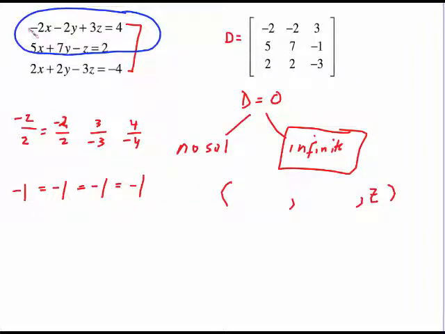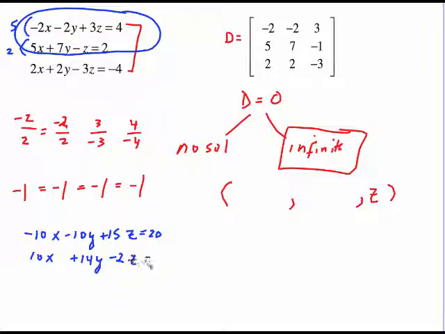So if I multiply this one through by 5, my new equation is negative 10x minus 10y plus 15z equals 20. Multiply this through by 2, I have positive 10x plus 14y minus 2z equals 4. The x terms cancel out. I have 4y plus 13z equals 24.